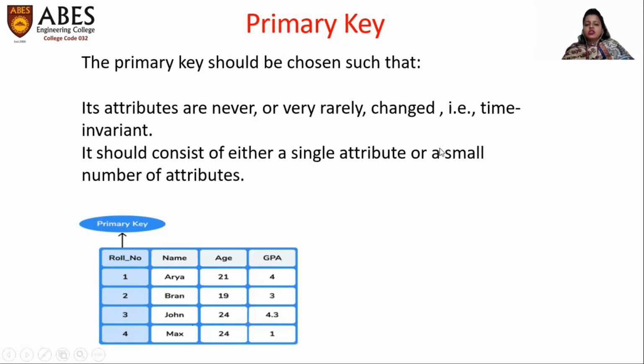Then you can have a combination of keys used to uniquely identify each record in the table. In the given example, you have roll number, name, age, and GPA. For each student, the roll number is different, so you can consider roll number as the primary key.